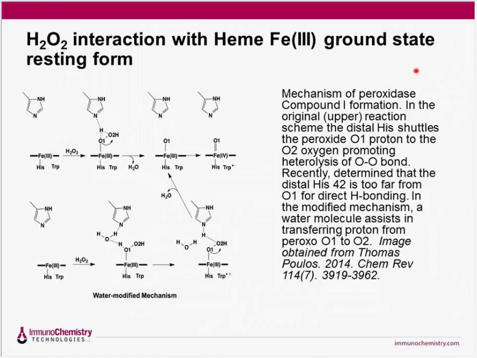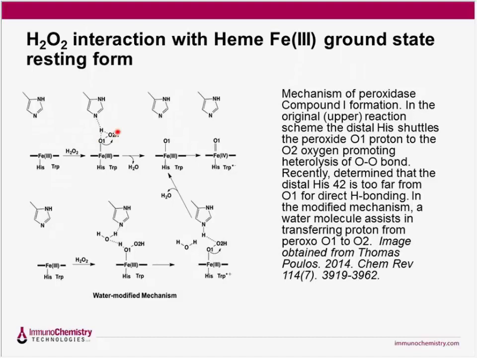Now this slide looks at the molecular level how hydrogen peroxide interacts with the resting state heme. You have neutrally charged hydrogen peroxide coming in here. It binds to the resting state heme.